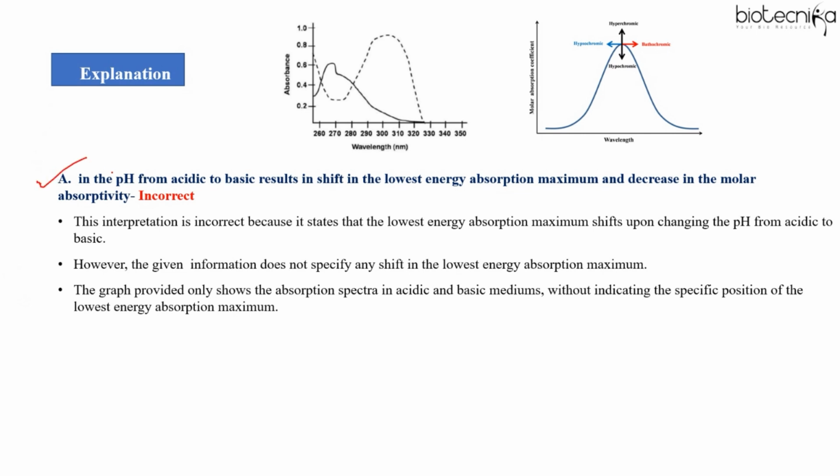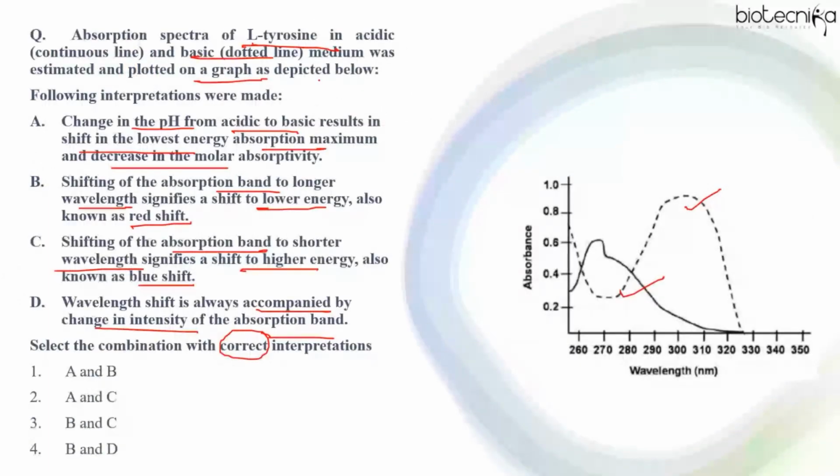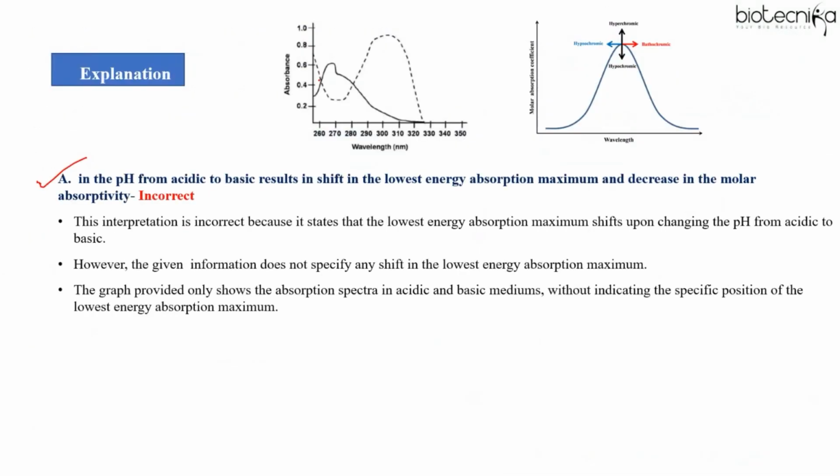So statement A is change in pH from acidic to basic results in shift in lower energy absorption maxima. You can see the wavelength is given on x-axis and absorbance is given on y-axis, right? And decrease in molar absorptivity. So basically in spectroscopy, we have the concept where different absorption shifts are observed: hypochromic, bathochromic, hyperchromic.